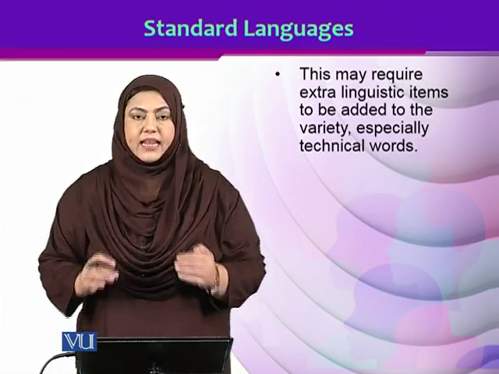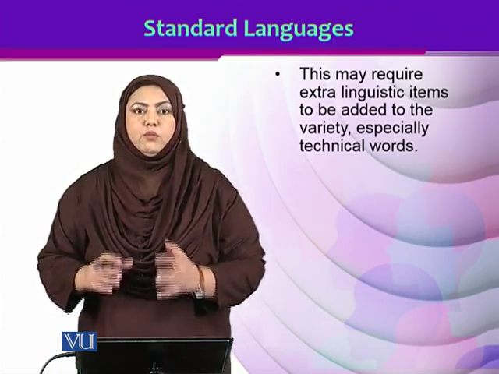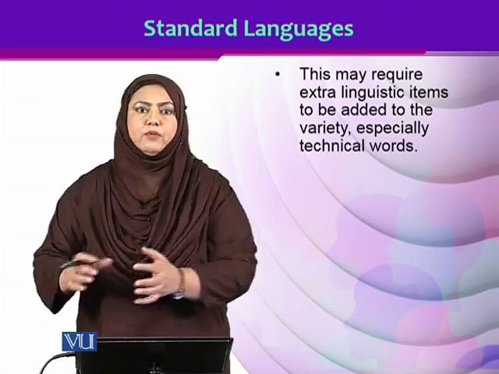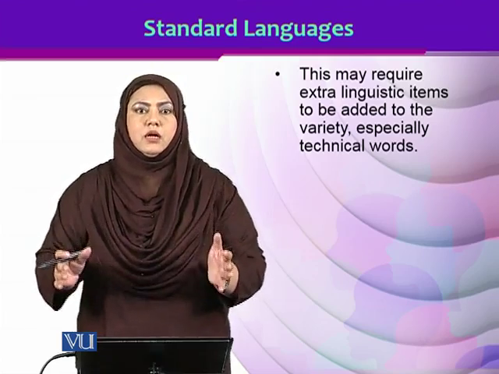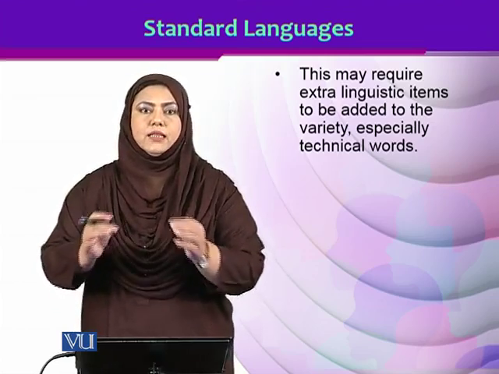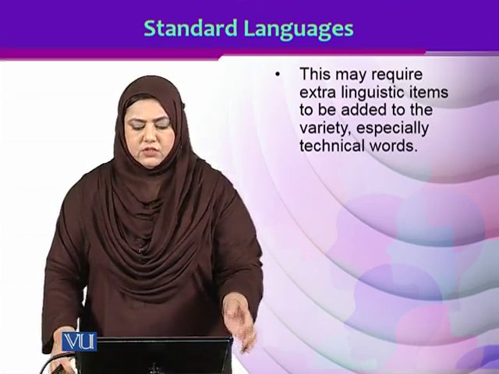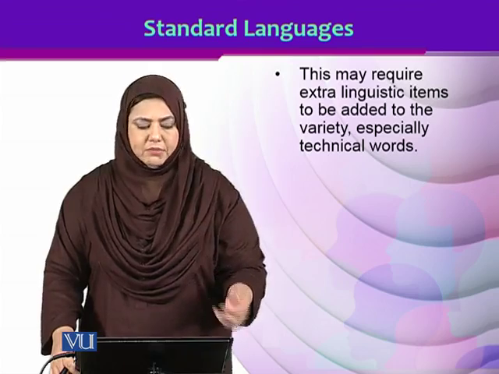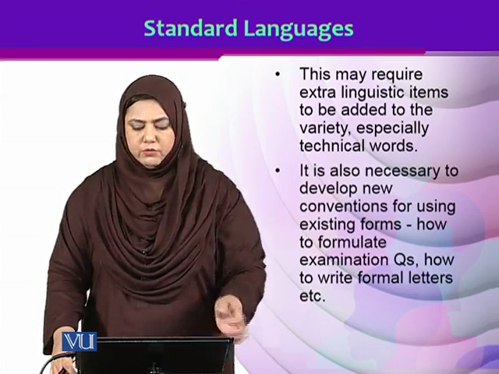This may require extra linguistic items now, because it is selected as a standard language. It needs to expand. It needs to provide the lexical items to fulfill all these functions, especially technical vocabulary. So the language would provide that.